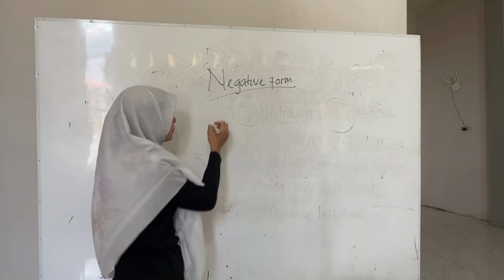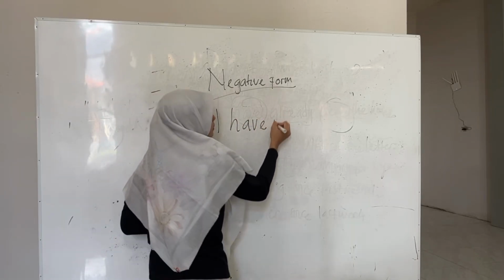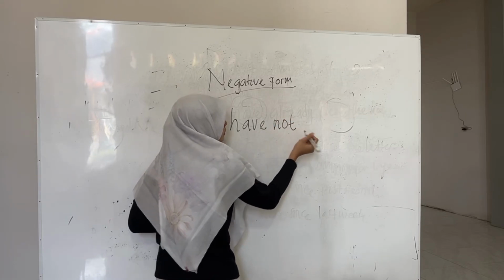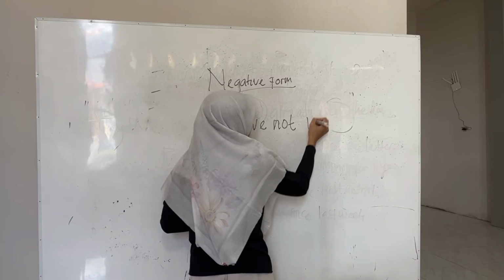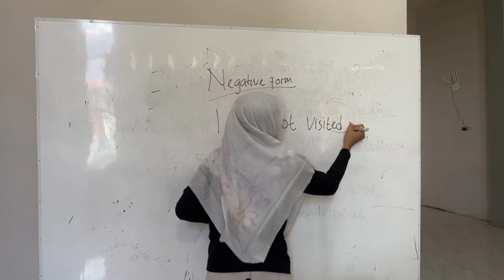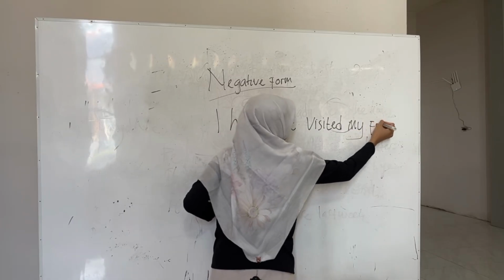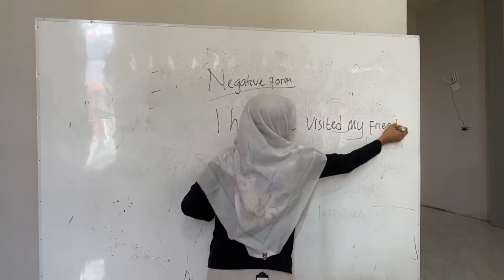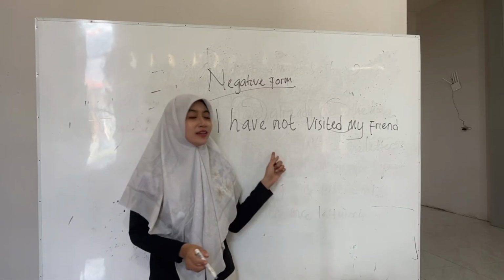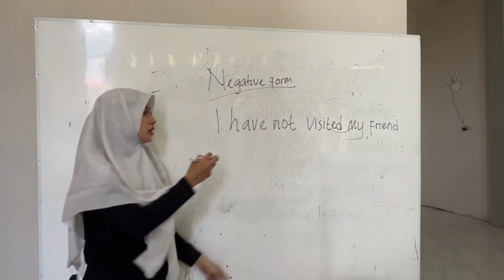For example, I have not visited my friend. I haven't visited my friend. We can add not after have or has.